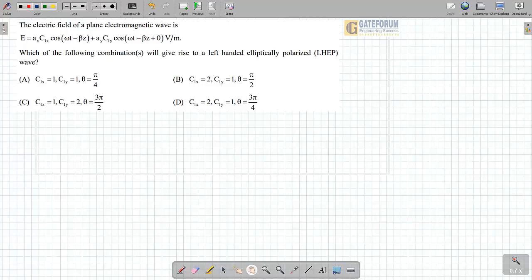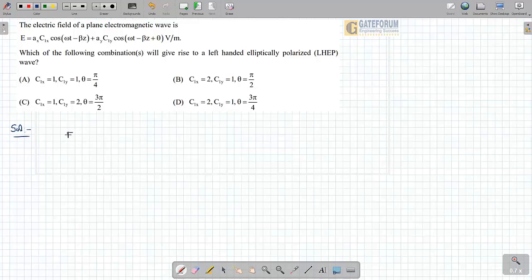Okay, so let's see one by one. Each of the cases, we have to check all four options. It is not about determining the one right option, but we have to check all four options. For determining the polarization, you can put z equal to 0.